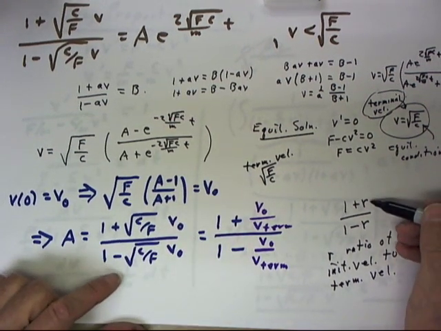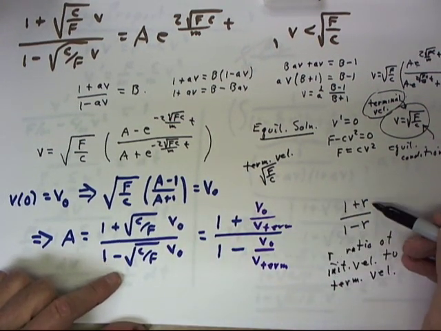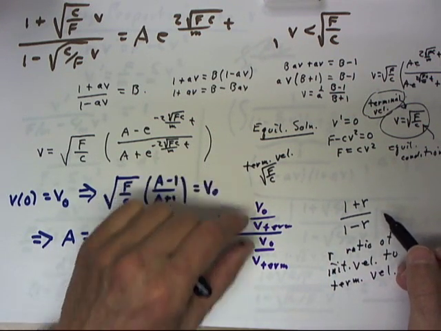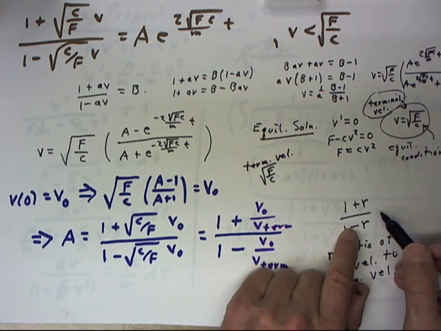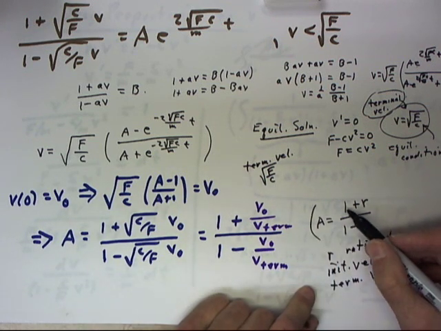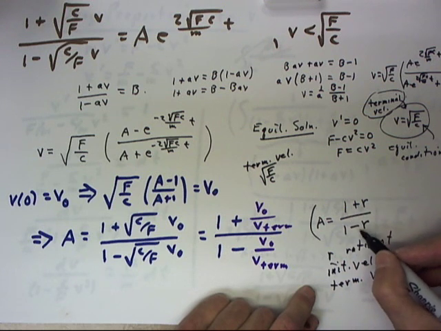So if the initial velocity was 1/10 the terminal velocity, we would have A equal to (1 + 1/10)/(1 - 1/10).